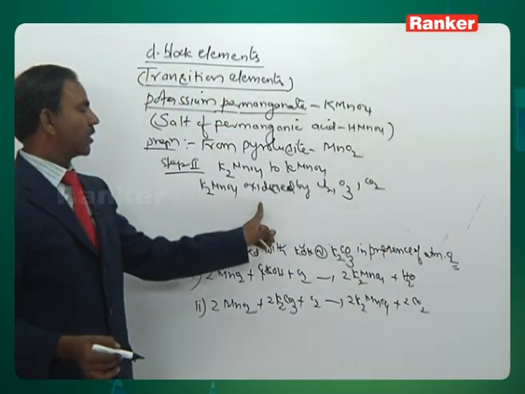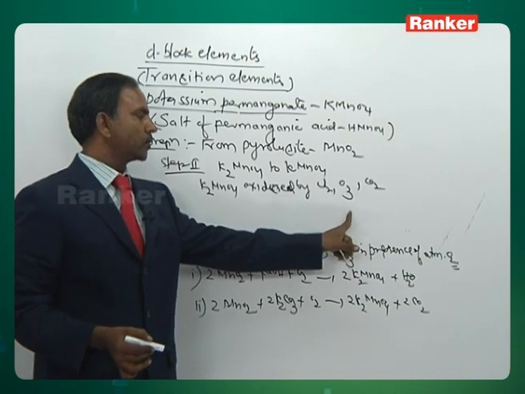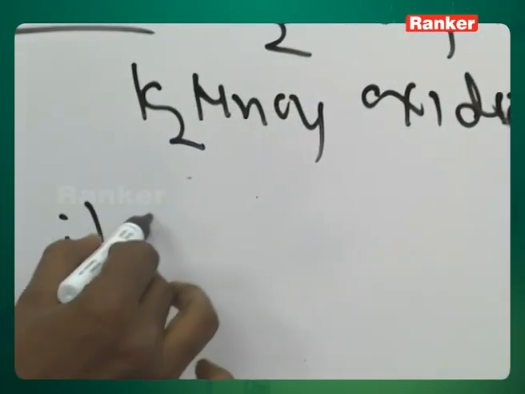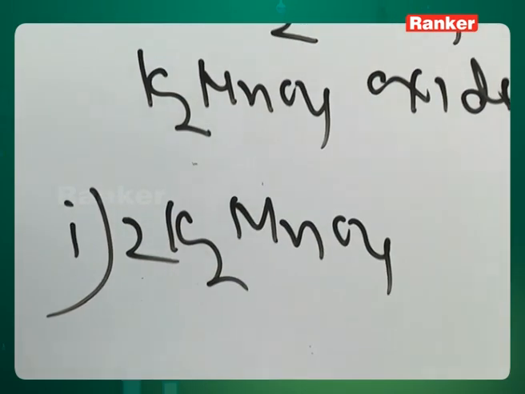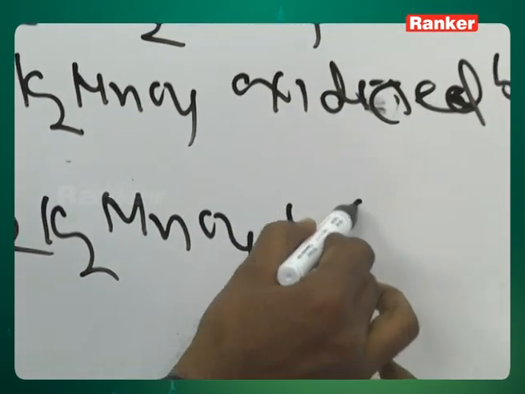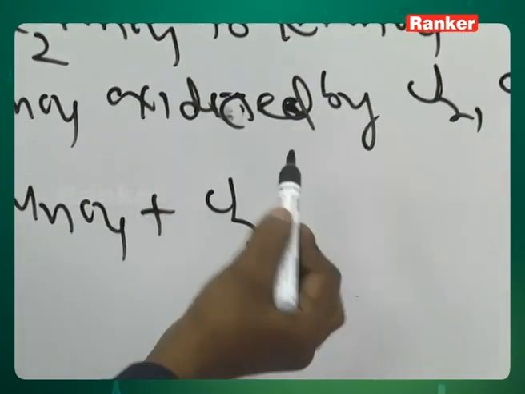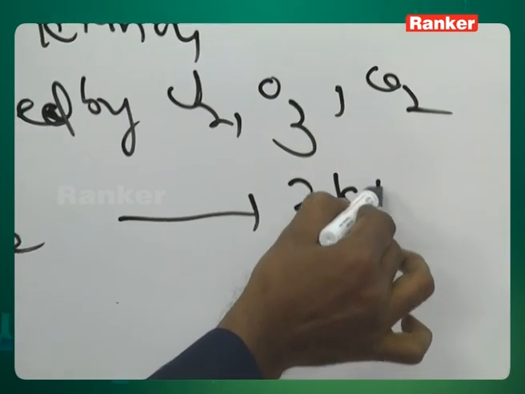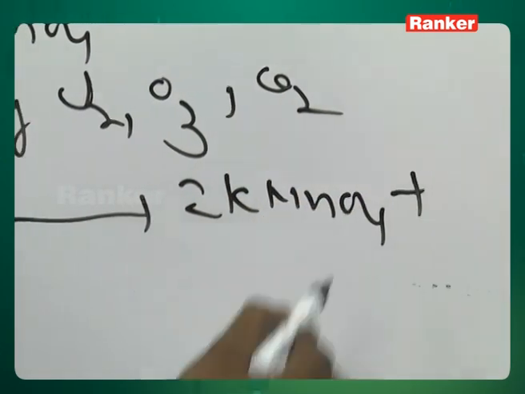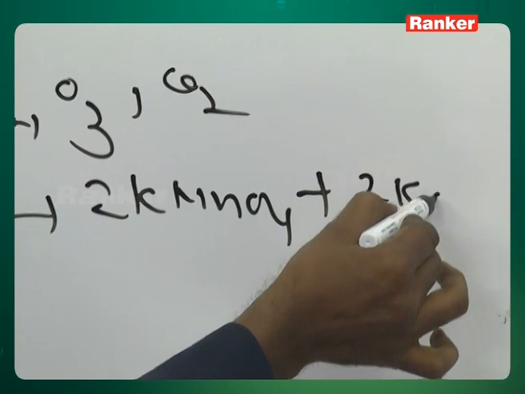Now 2K2MnO4, potassium manganate, plus Cl2, then you are getting 2KMnO4, potassium permanganate, plus 2KCl.